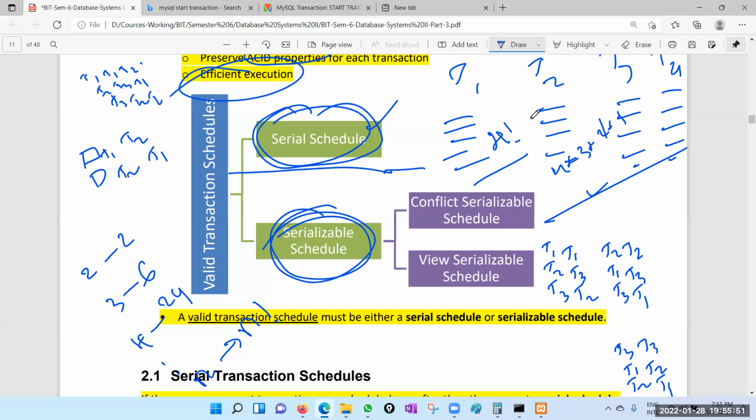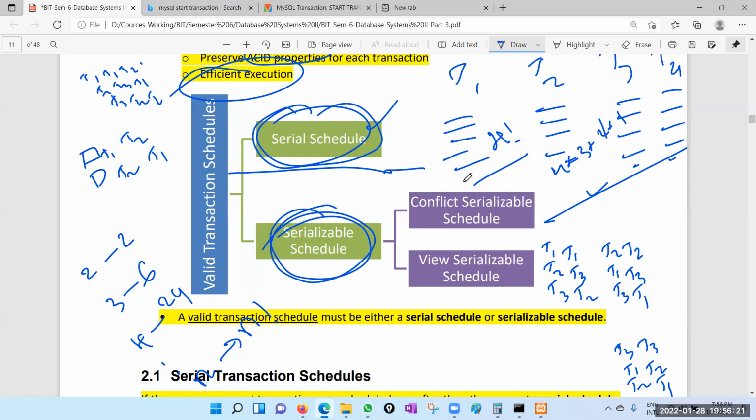If we allow them to mix, then it is a non-serial schedule. Usually these non-serial schedules are more efficient than serial schedules. Because when we do some task in transaction 2 while the transaction 1 task is halted or whatever, then we can make it much more efficient.